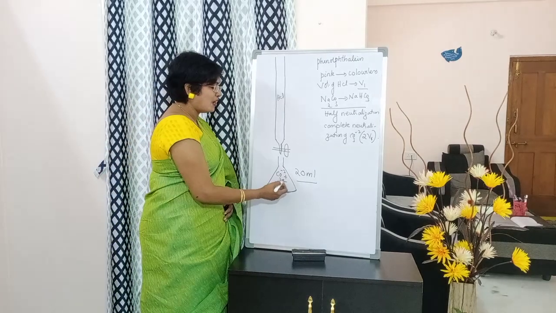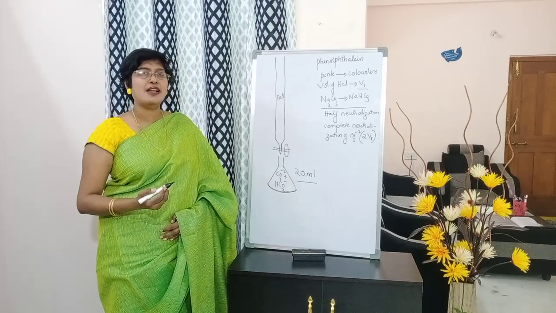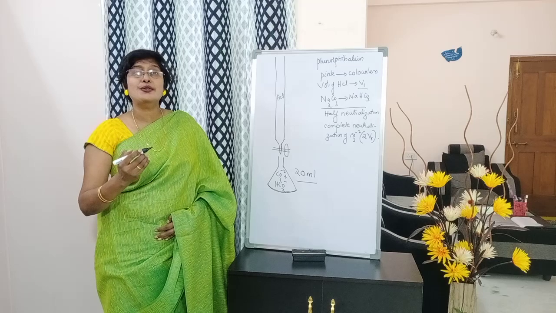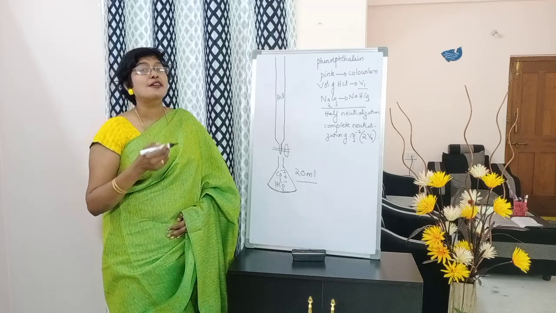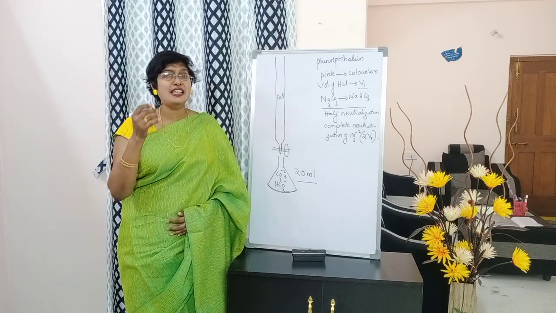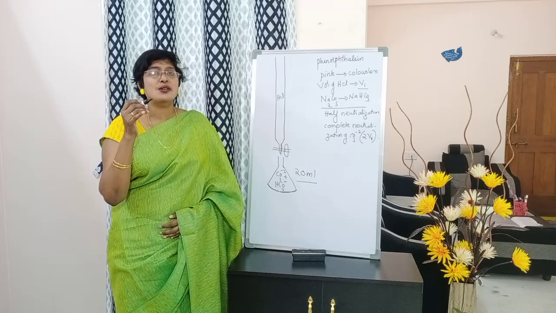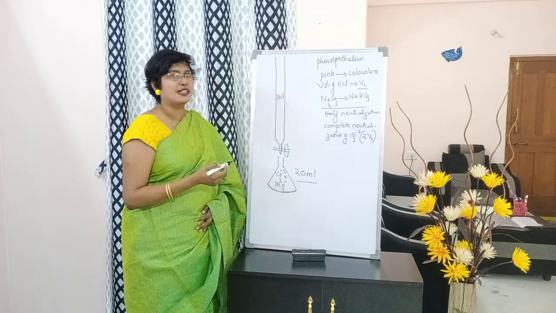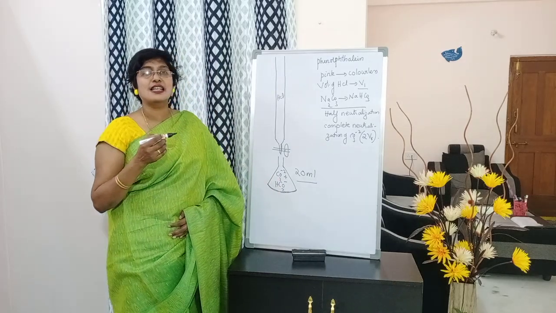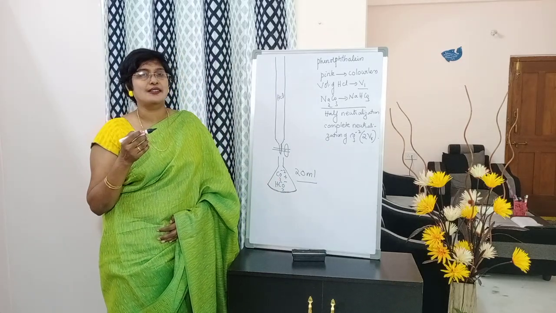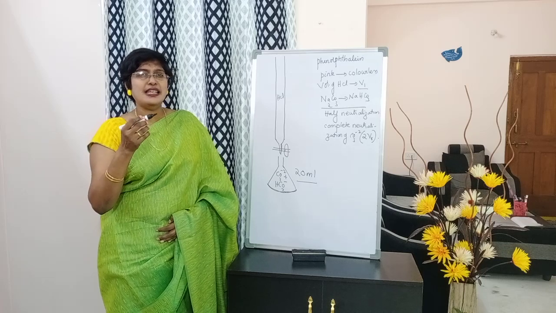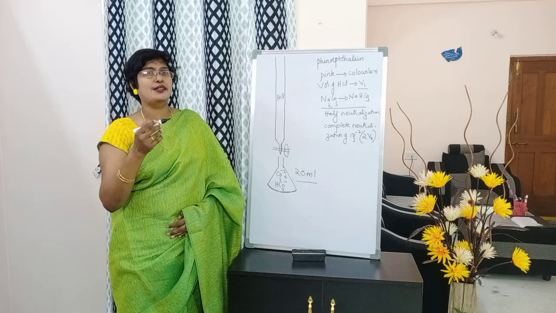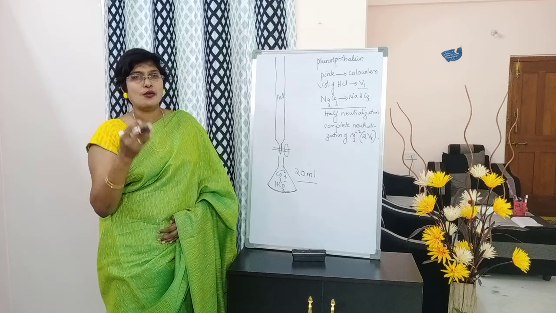So 20 ml of the mixture is taken in the conical flask and added 1 test tube of water and 2 to 3 drops of phenolphthalein indicator is added. Okay. So when we added phenolphthalein indicator to this mixture, the color is turning into pink color. Now what we have done?